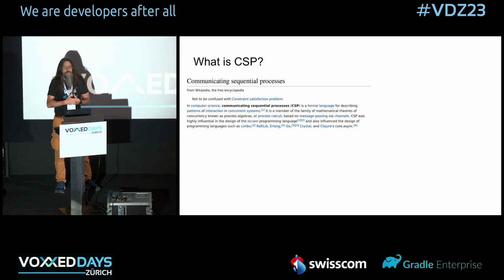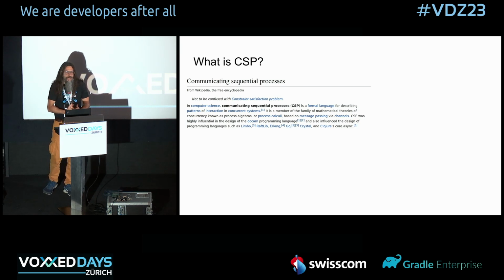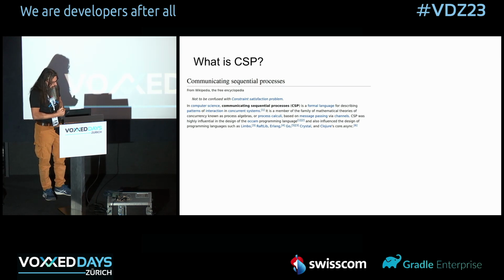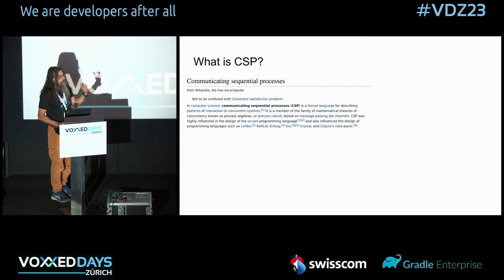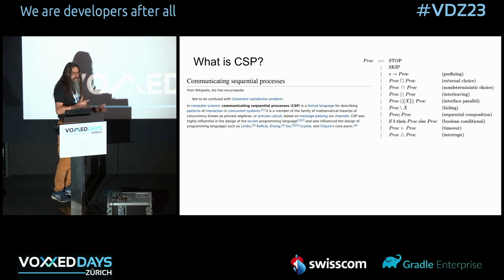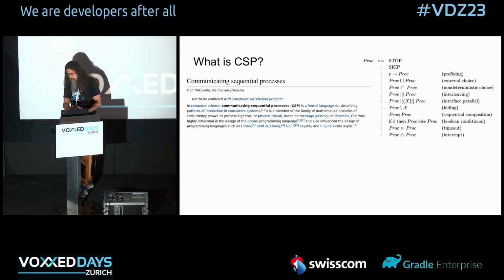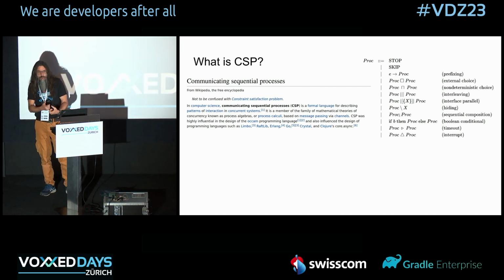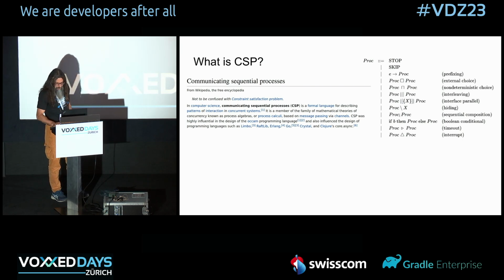So what is CSP? Okay, it's a relatively complex way of doing concurrent programming. If you go on Wikipedia, there is a formal definition. There is also a formal algebra to describe how these processes communicate between them and what they can do and what they cannot.